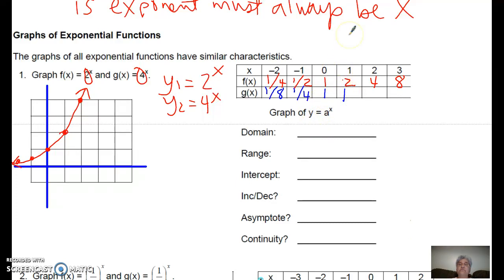I'm sorry, is that right? Yeah, 4 squared is 16. Oh, I'm sorry, that was 4 raised to the first power. That's why I was so confused. And then 4 squared is 16. And 4 cubed, I believe, is 48? No. Yeah, I think it's 48. No, it's 64.